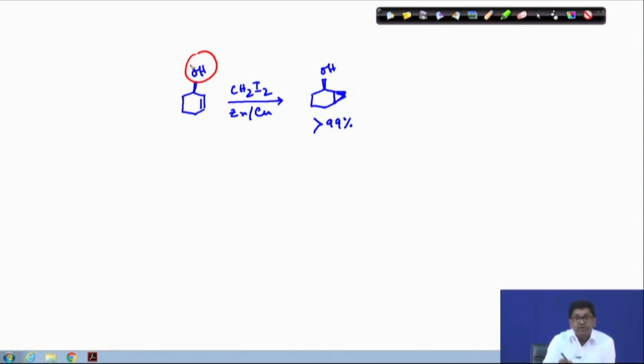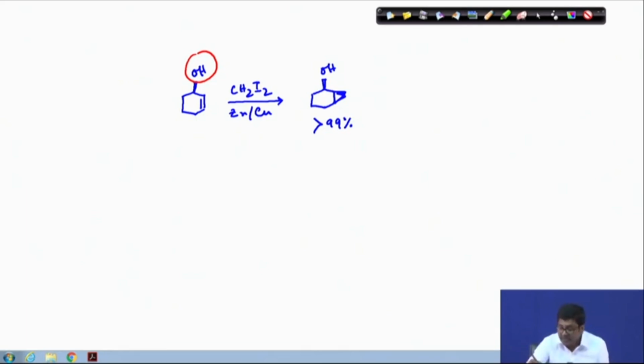This hydroxyl group, or some other heteroatom, can coordinate with the zinc carbenoid, and that dictates from which face the cyclopropane ring will be generated. So, this coordination is very important.